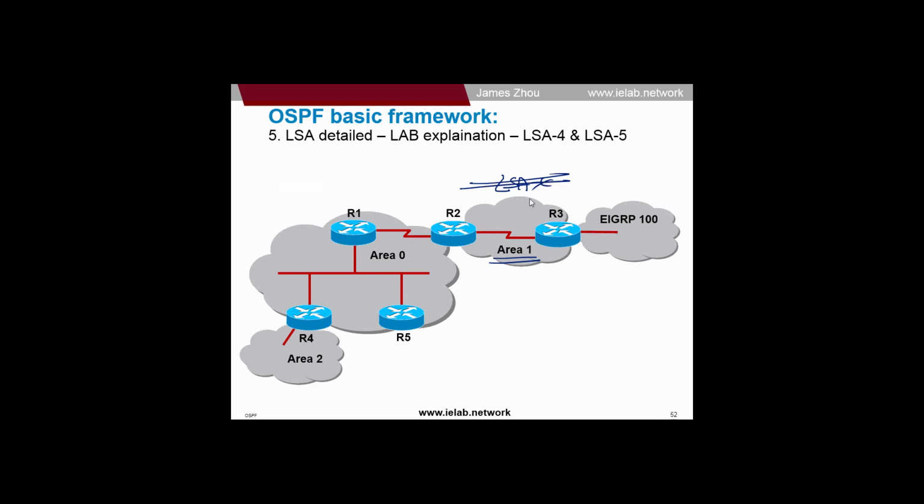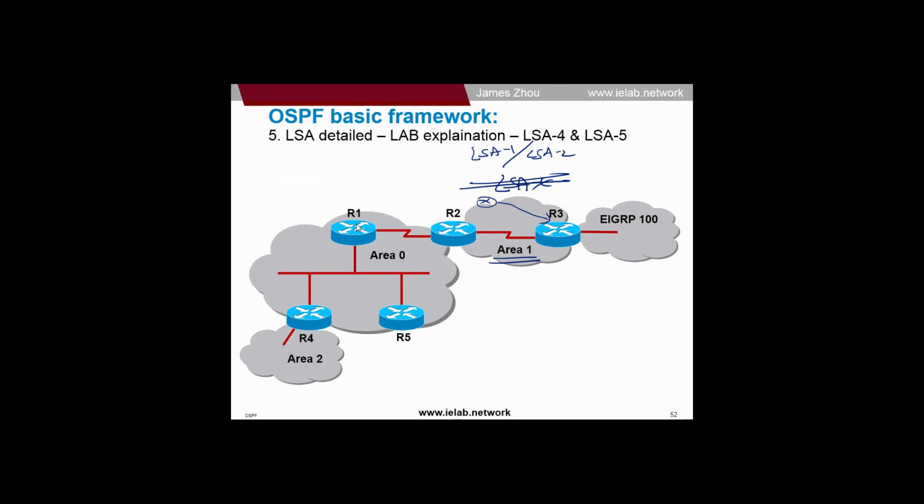Because in this area we can use LSA1 and LSA2 to calculate the distance to the ASBR, right? For another area, because we do not belong to the same area, I cannot have the ASBR's LSA1.